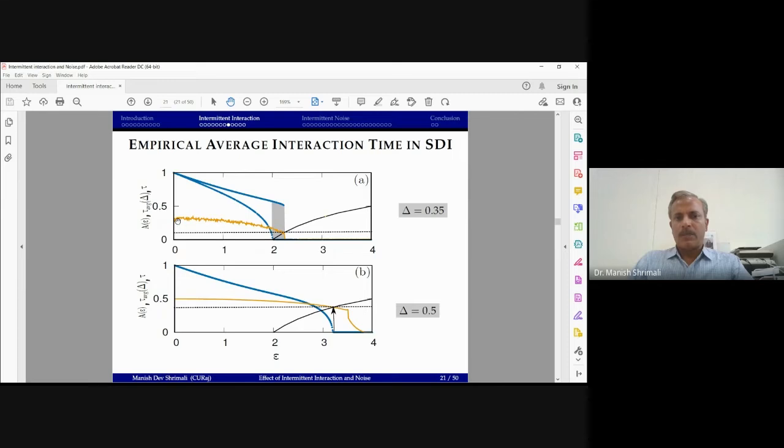So you can see that the average time goes from some non-zero value to 0 as soon as the system goes to the dead state, because in a death state there is no time spent in the oscillator state. And we have also plotted the amplitude of the oscillations, and the analytical value of the transition observed from the time varying interaction, and this matches with our critical transition point with the average interaction time of SDI and the analytical value of this temporal interaction.